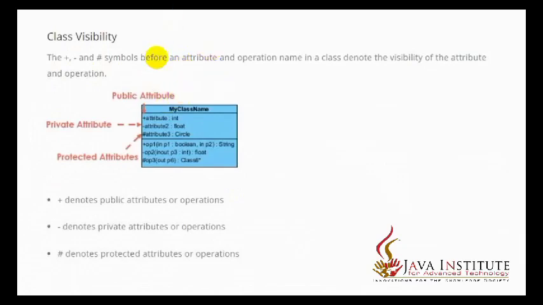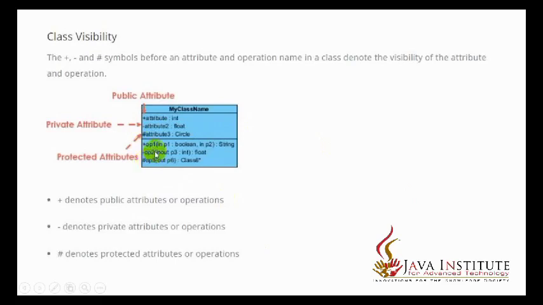When we write the class diagram notation, we have to include that symbol. You can see the plus mark in front of the attribute here, as well as minus, then hash. Again, for the methods or behaviors, you can see plus, minus, hash symbols.